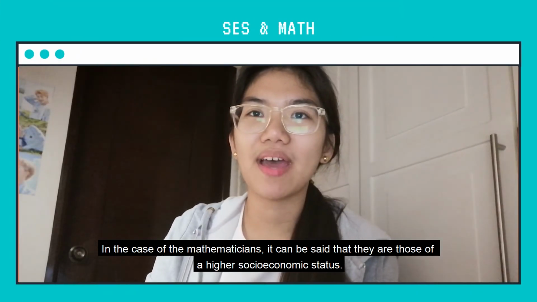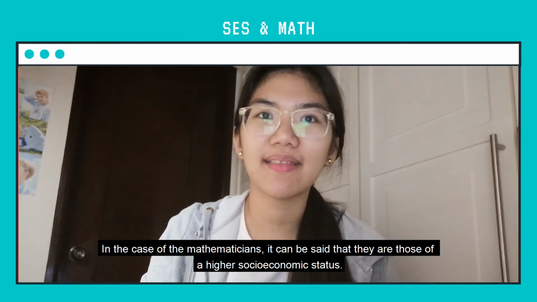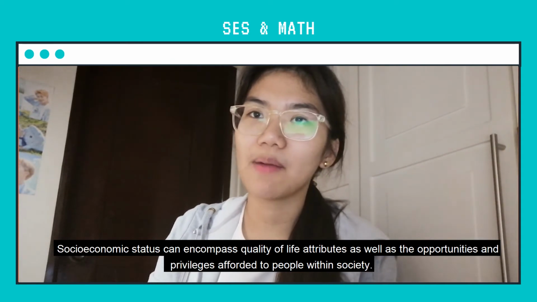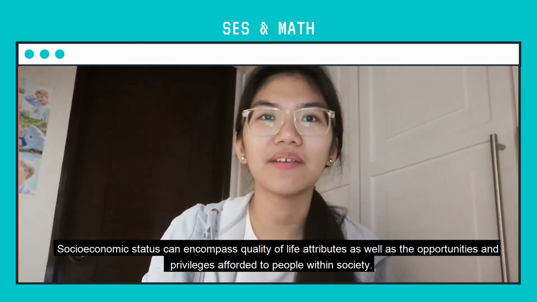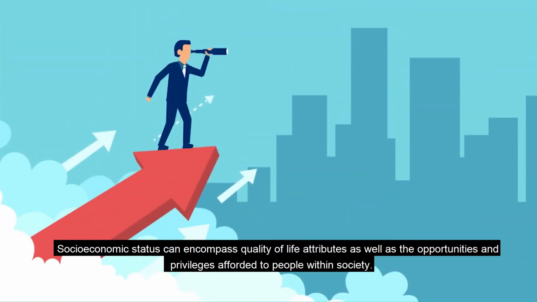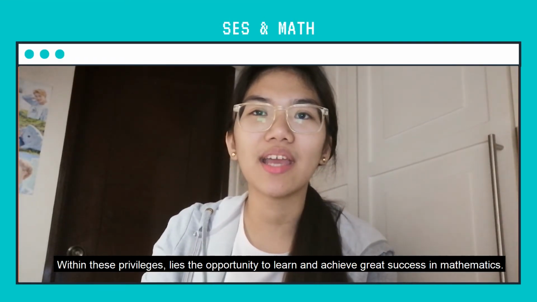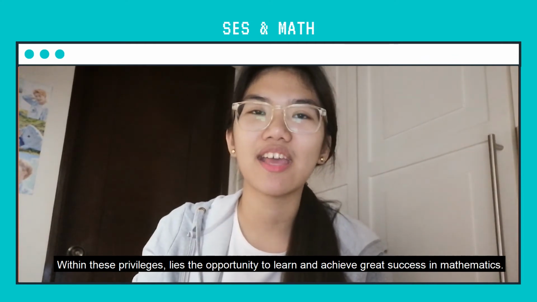In the case of the mathematicians, it can be said that they are those of a higher socioeconomic status. Socioeconomic status can encompass quality of life attributes as well as the opportunities and privileges afforded to people within society. Within these privileges lies the opportunity to learn and achieve great success in mathematics.